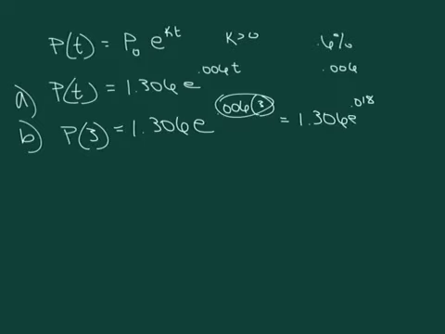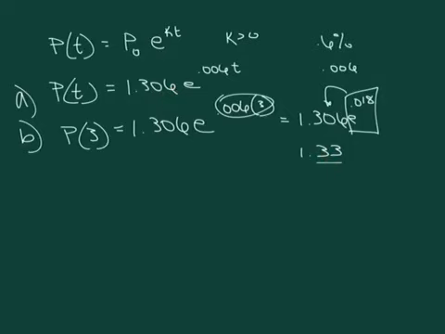Whoops, forgot the e. So 1.306 times e to the 0.018 power gives me a population of 1.33 billion. So I started with 1.306 billion in 2005, and in 2008 it jumped to 1.33.